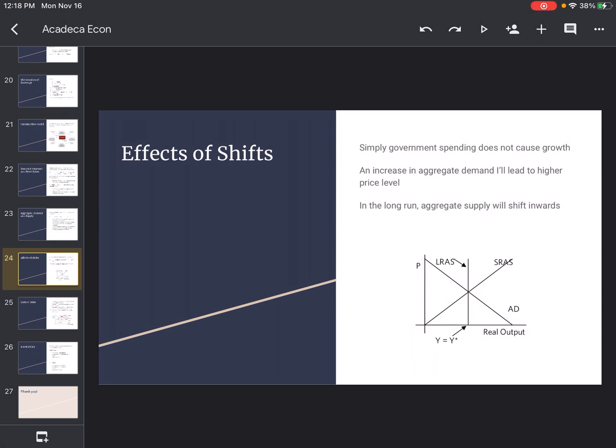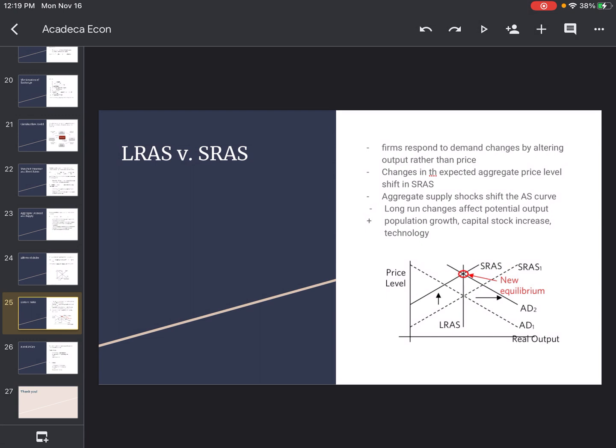An increase in aggregate demand will lead to higher price levels and output, including in the short run. So if the graph shifts up and down, it will lead to an increase in AD. But in the long run, aggregate supply will shift inwards, closer and closer towards equilibrium, and that's just how it is. There you go. That's a much better graph for determining the shifts of aggregate supply and aggregate demand.